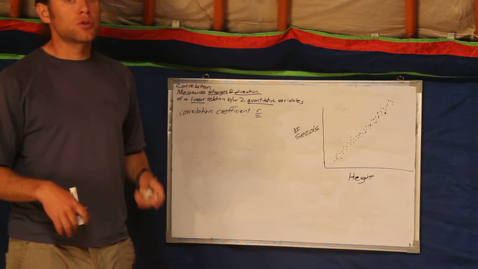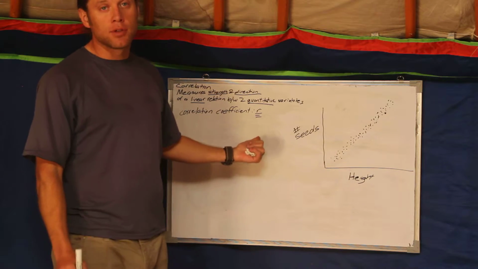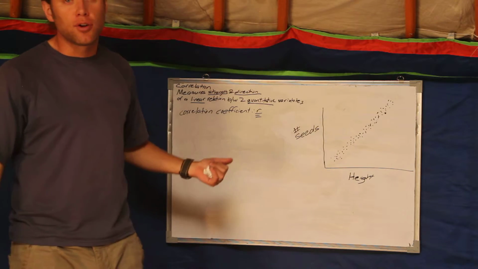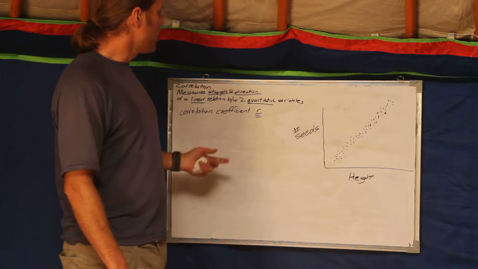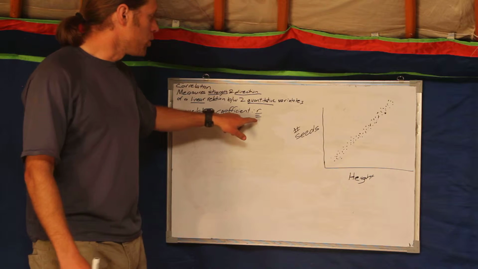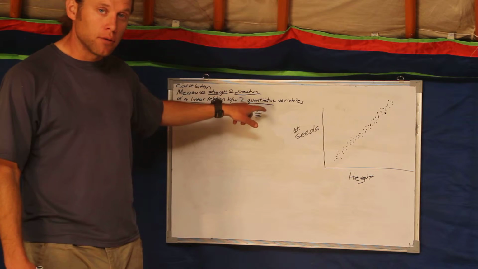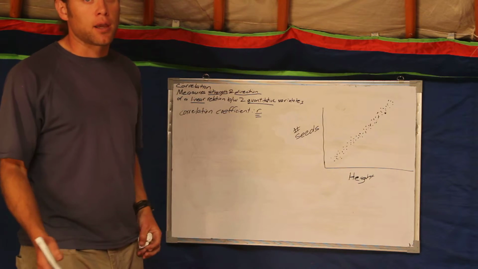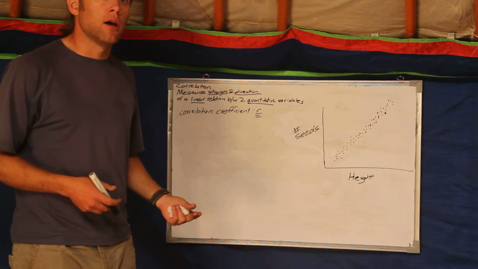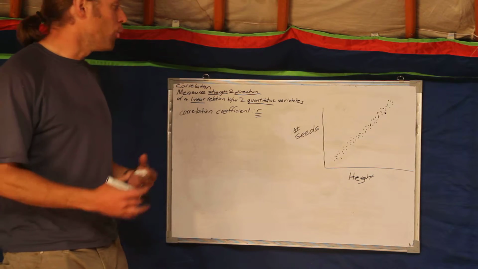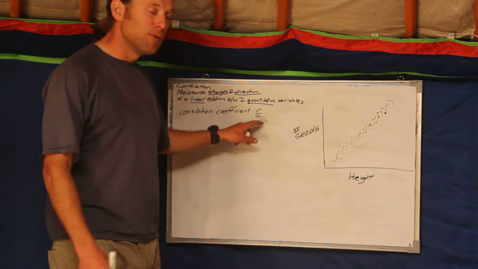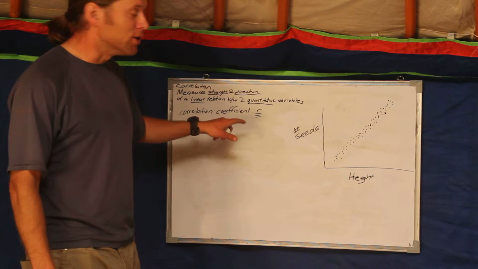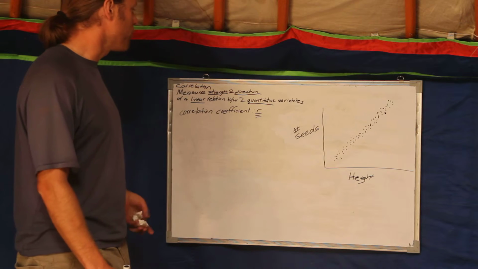Now, if you're interested in how you derive this number, it's on page 127 of the statistics textbook that Selenga has copies of. But really, what you're going to be using to calculate R is a statistical package, software like Excel or R or some other stats language. By the way, you might notice why the stats program R is called R. It's because of this letter, the correlation coefficient.